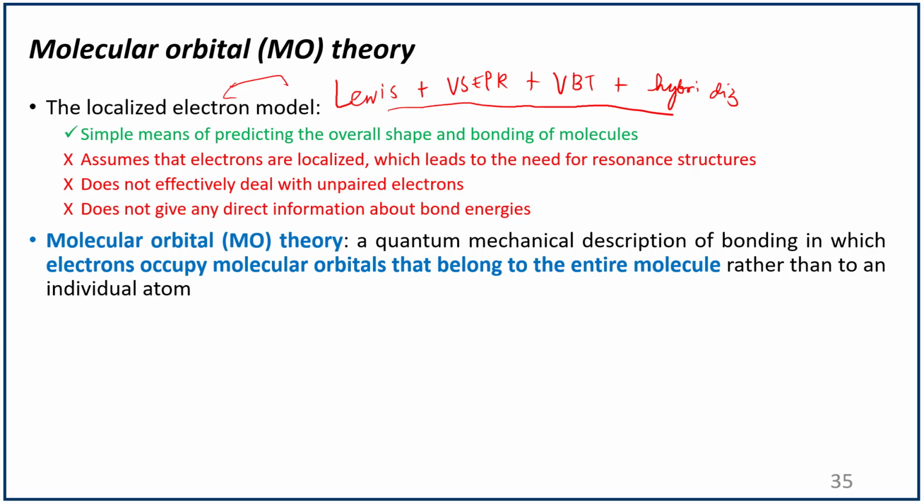So if we assumed before that an H2 molecule, hydrogen, is the result of head-on overlap of two 1s hydrogen atoms, then for the molecular orbital theory, this bond is the result of a molecular orbital belonging to the entire H2 molecule. Okay, so let's look at some examples or applications of the MO theory.